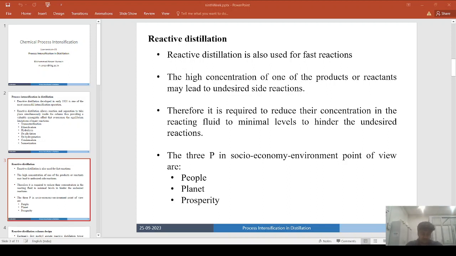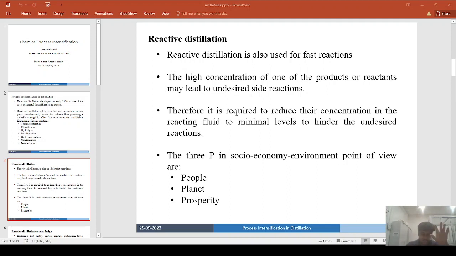So generally, in most cases, reactions will take place in the liquid phase, but for some systems, reactions will take place in the gas phase, and the catalyst will have to be dispersed in the vapor phase of the column. In such a scenario, you need to employ the separation by use of the vapor-liquid composition difference. So that is one of the ways to do it.